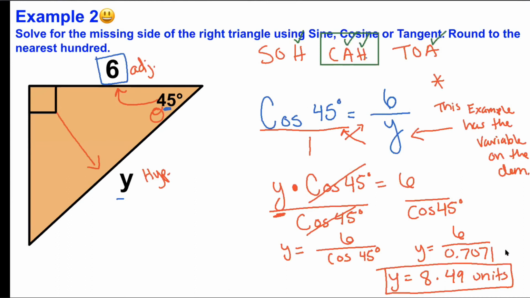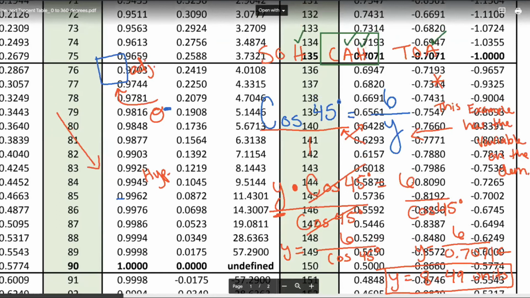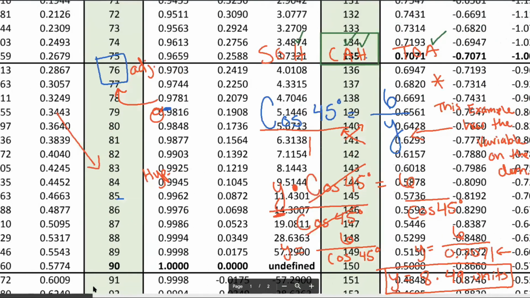Either way, if you decide to use the table or to use the calculator, either way would give you the same response or the same solution. If you were to use a table, again, cosine of 45 degrees would give you the same on the table. You can come back over here. Sorry for changing it too much back and forth.